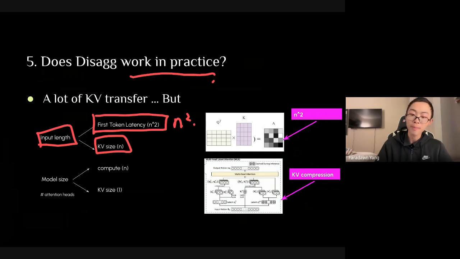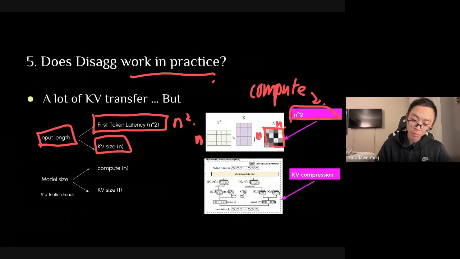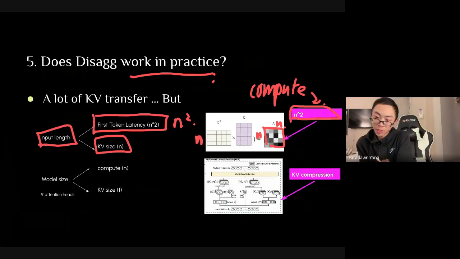What does that mean? So the input here is n tokens. So the attention matrix is n by n. The compute, the algorithmic intensity, is n squared. You need to wait n squared time for the matrix computation to finish.